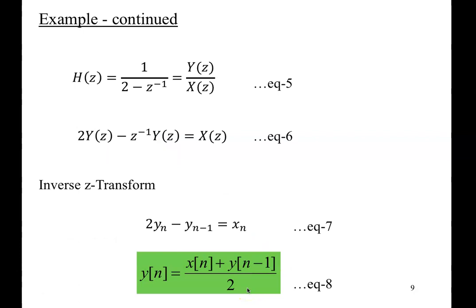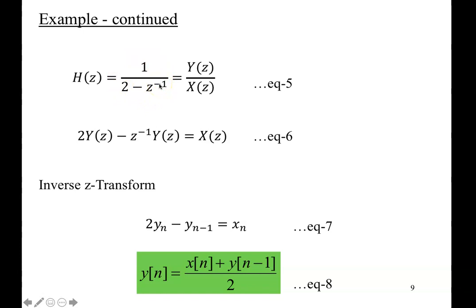Now think about the controller as a transfer function between the output and input in Z. Let's assume my output is Yz, my input is Xz. Okay, and the transfer function is that.